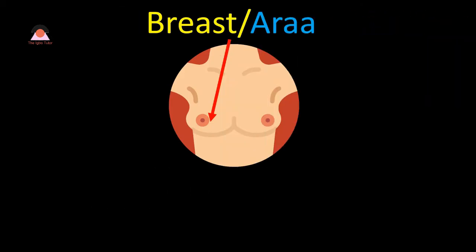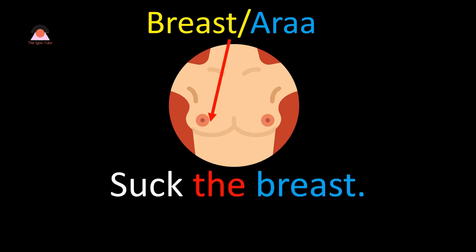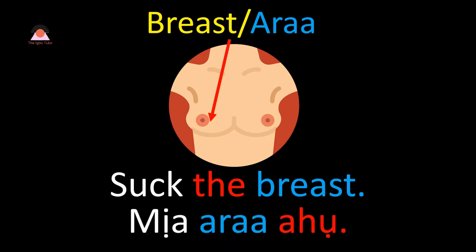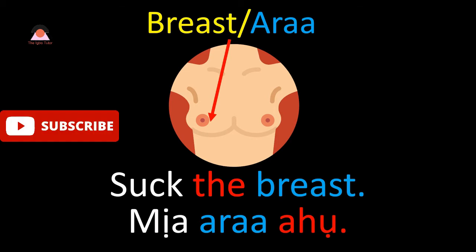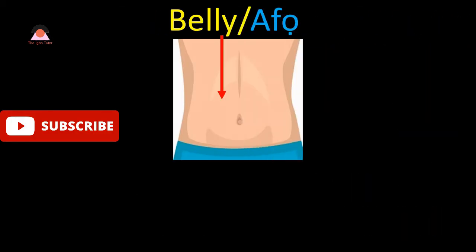Breast, meaning ara. We have double A. If you use one A, it will sound ara, and it may mean something else. So ara is the better. And the phrase, suck the breast: Mia ara ahụ.